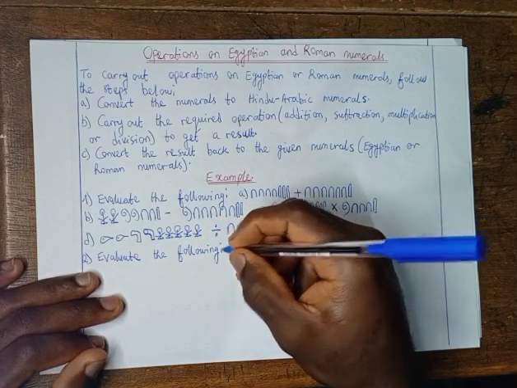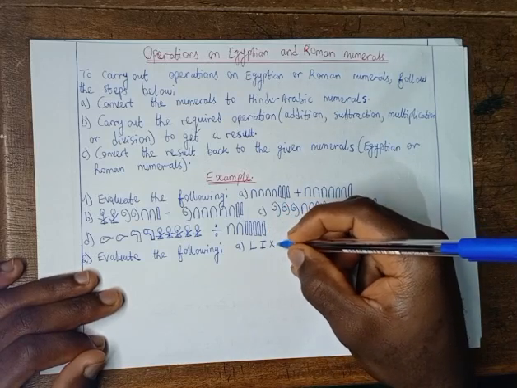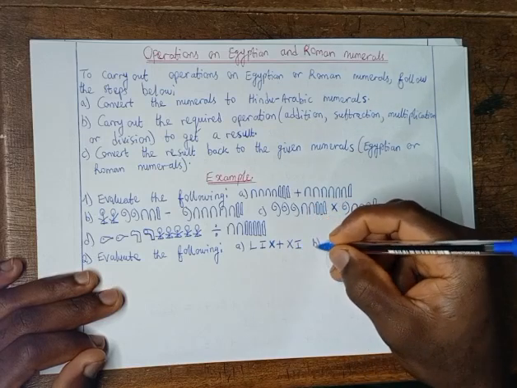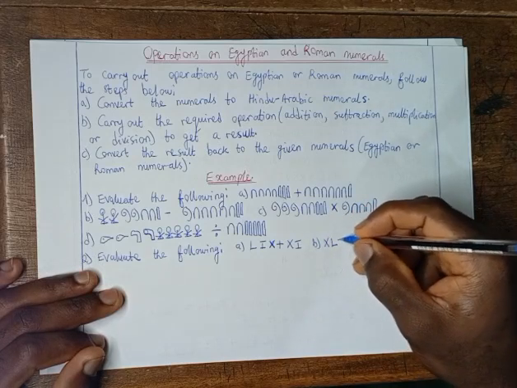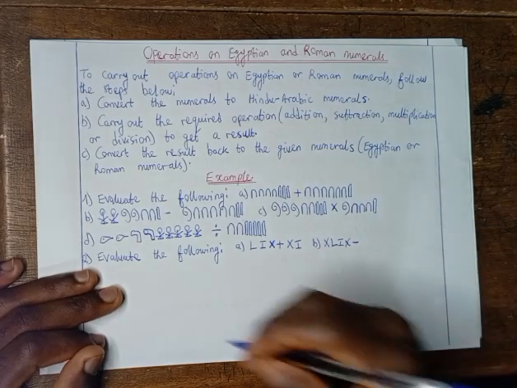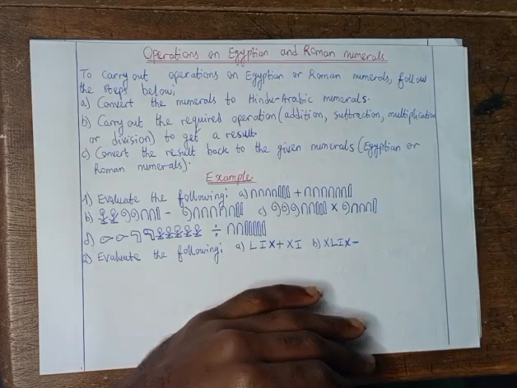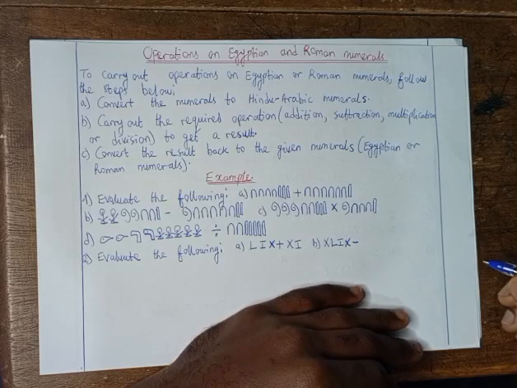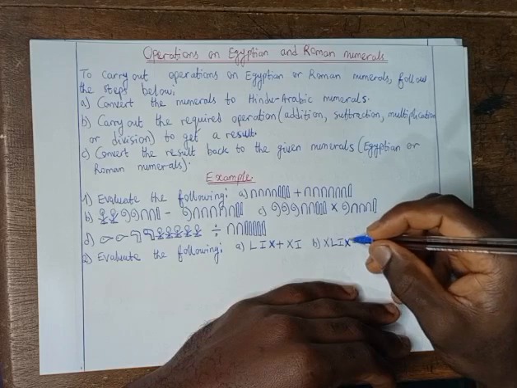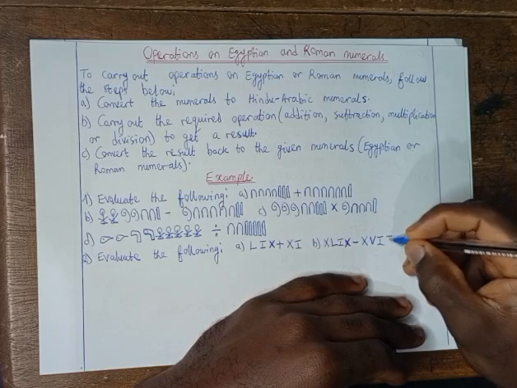In this case, we have Roman numerals. For A, we have LIX plus XI. For B, we have XLIX minus XVII.